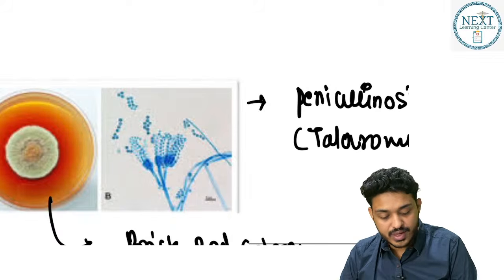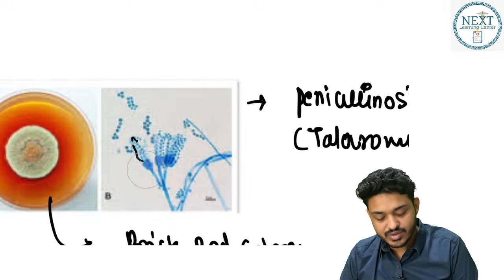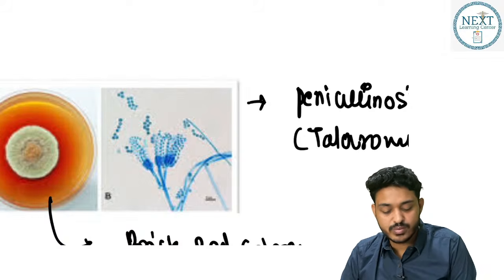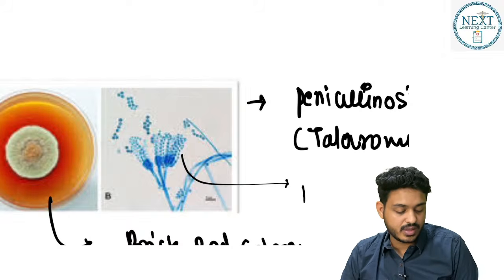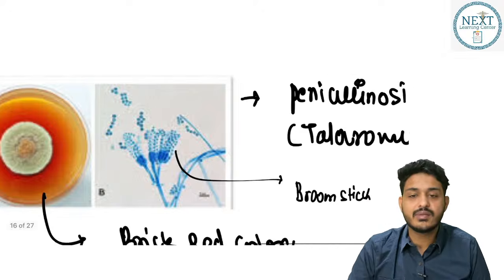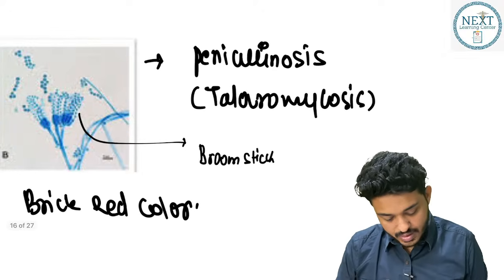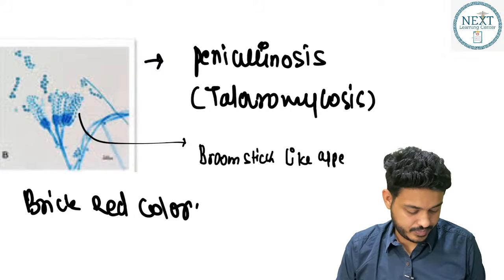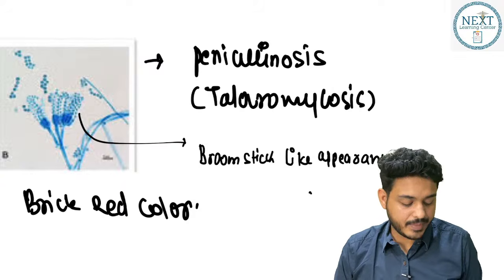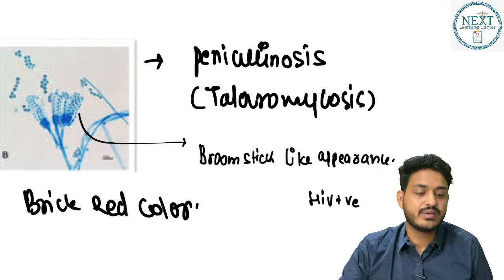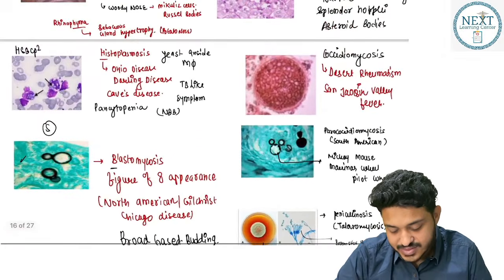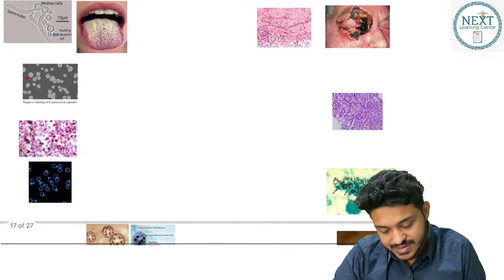Along with that, you are going to have these microconidia, which are going to give you this broomstick like appearance, jhadu jaisi appearance. And this disease is very commonly seen in HIV positive individuals, right? So these are your HSBC P square, right?